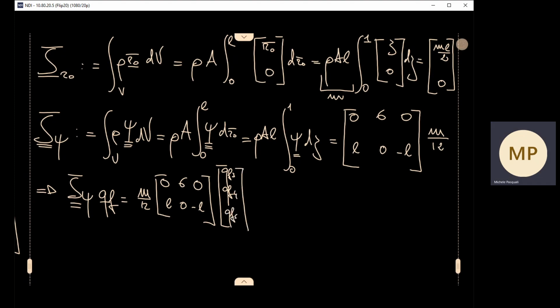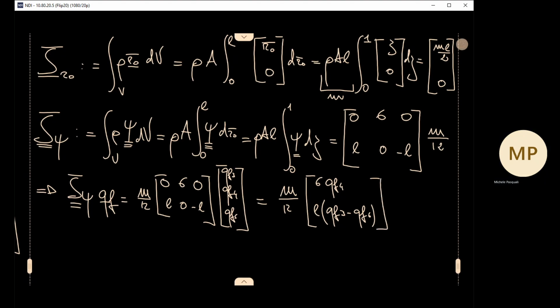The only three which are left. And this becomes M divided by 12, 6 QF4, and you have L times QF3 minus QF6.